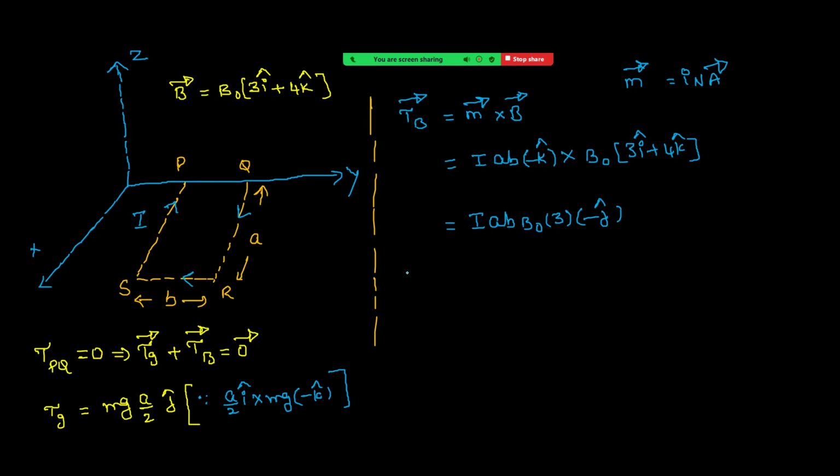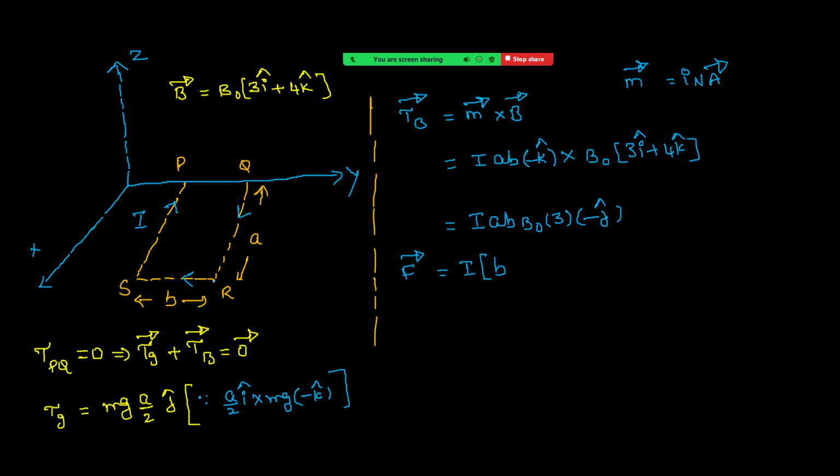Magnetic force F bar is equal to I into L bar cross B bar. L means the length of PQ, that is b. So b into the direction of current. It is along positive y-axis, wait, positive y or negative y? It is asking force on which side? Force on RS.